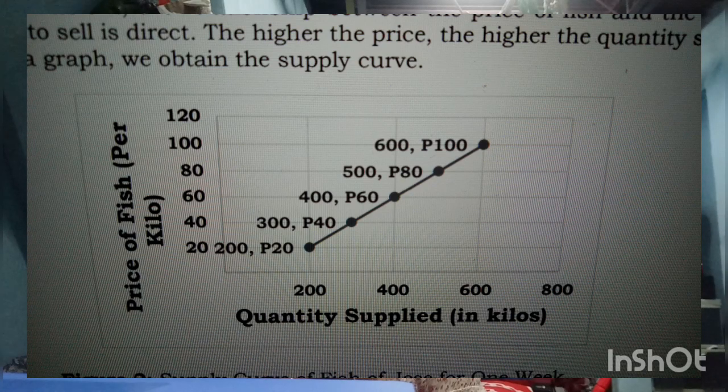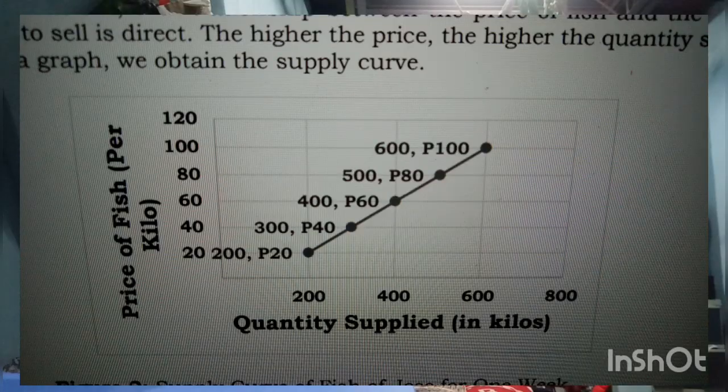But as the price of that fish increases, the amount he supplies to the market also increases. So from 200 kilos, it reaches 600 kilos, because the price is now 100 per kilo. Since he supplies a higher quantity, his income is greater.